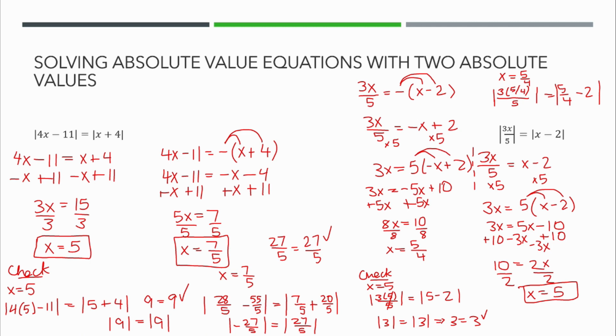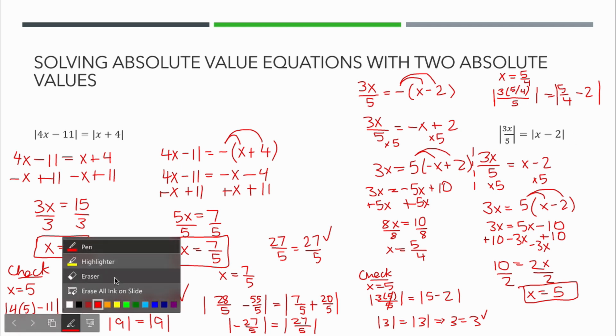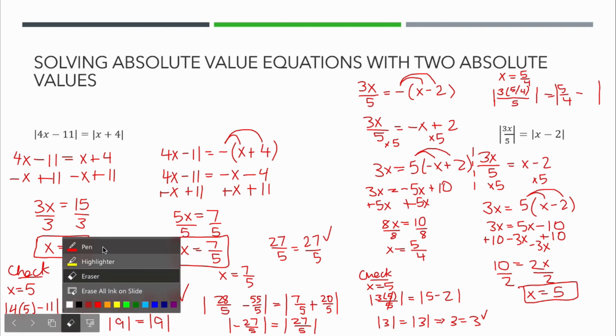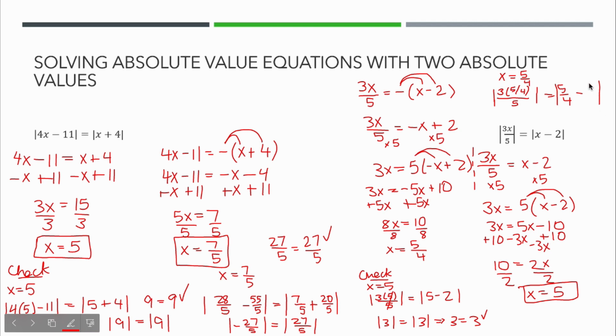So again, I prefer to change the whole numbers into fractions that have the same denominator, so I can work with like fractions. So 2 becomes 8 over 4. And I'm going to leave this one alone.